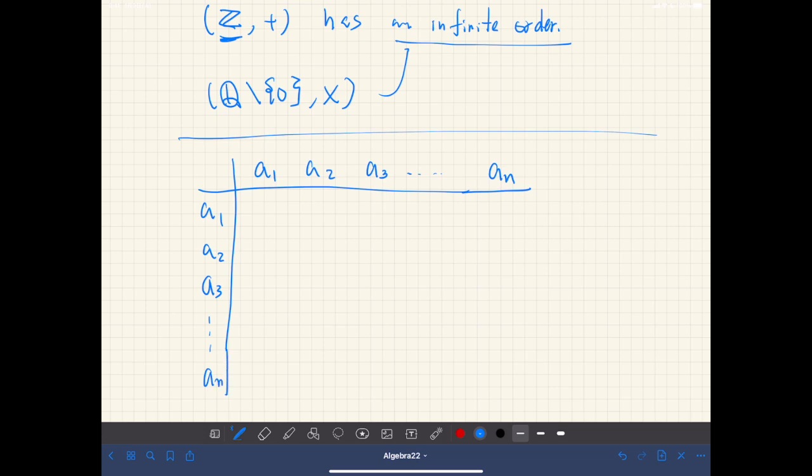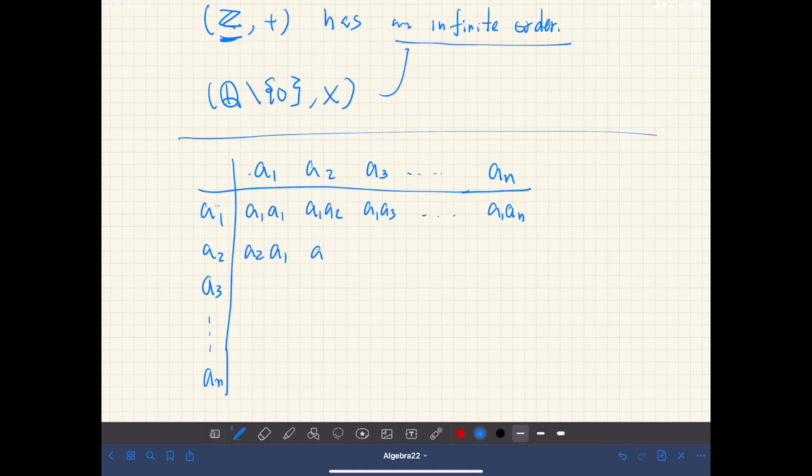Then in this table, we write multiplication of these: A1A1, A1A2, A1A3, and so on, and A1An. The order is important. A1 times An may not be equal to An times A1, so don't confuse the order.